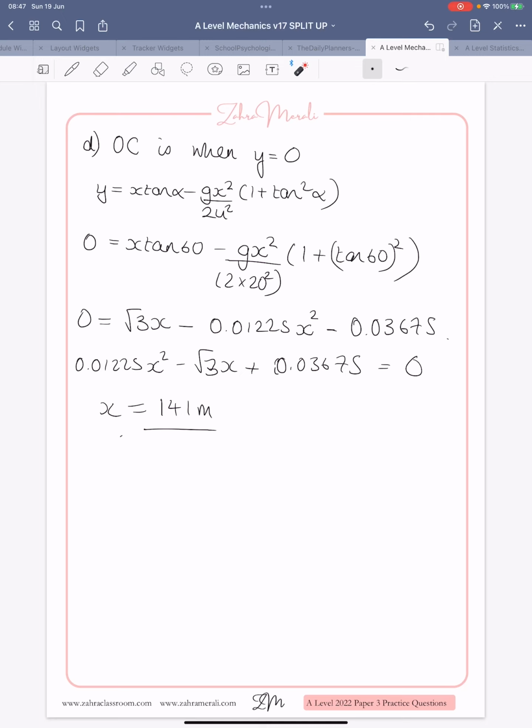We get two values. One is going to be almost 0. It should be 0 if it was kept all exact, because that's where it starts. And the other one is going to give you where it lands. So we get 141 meters by sticking that into our calculator. Hopefully that makes sense. And if you need any of that, work through it again.